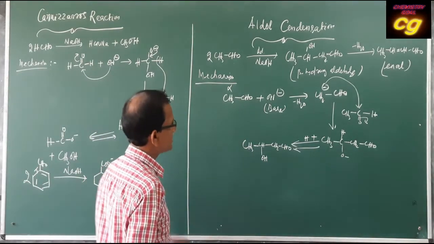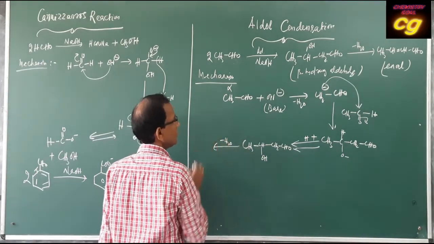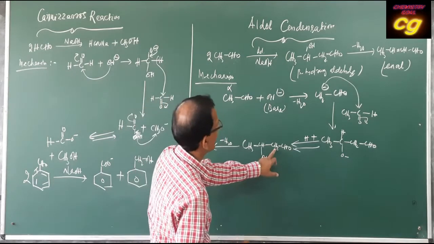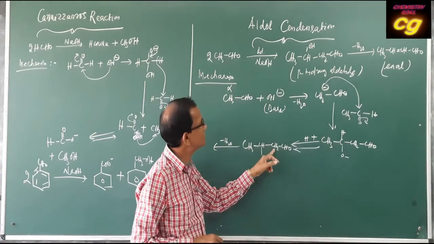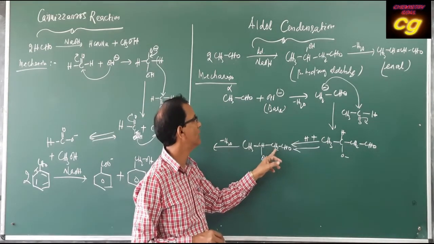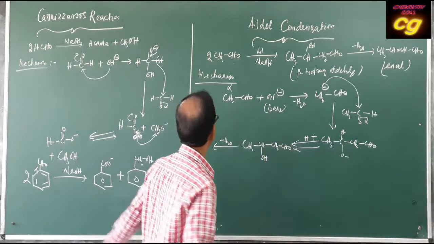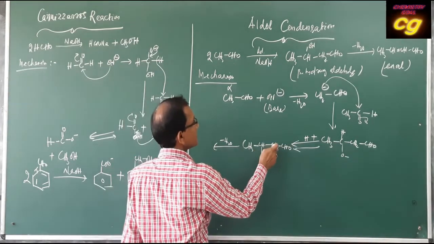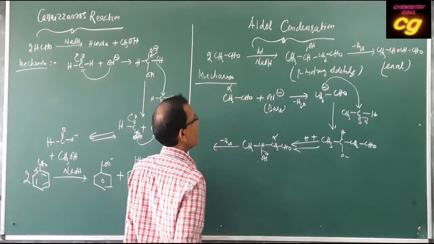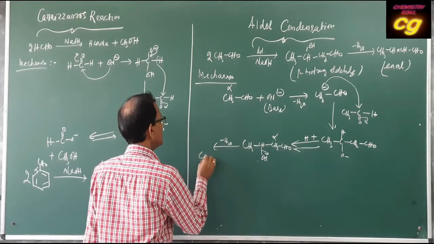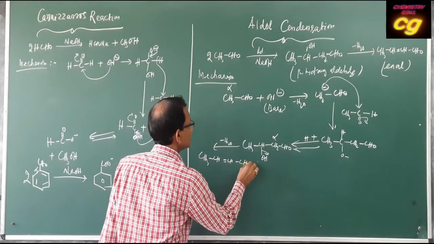Here this loses a water molecule. How is the water removed? Here CH2 loses one H plus, then becomes a minus charge, then becomes a double bond, then OH is removed. So like this, there is loss of water, with the alpha carbon H and OH both removed, producing CH3 CH double bond CH CHO.